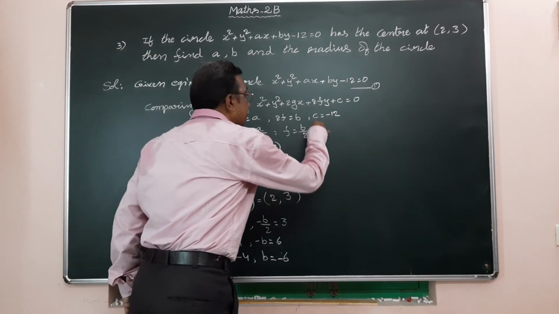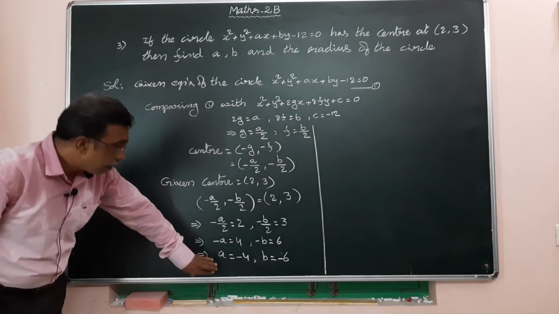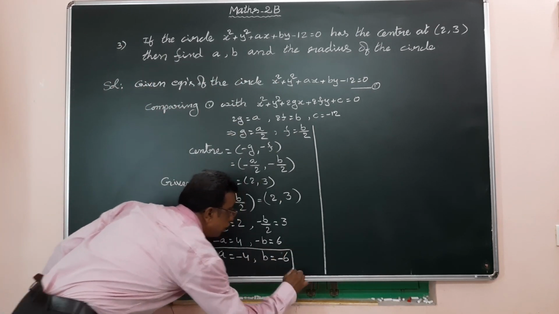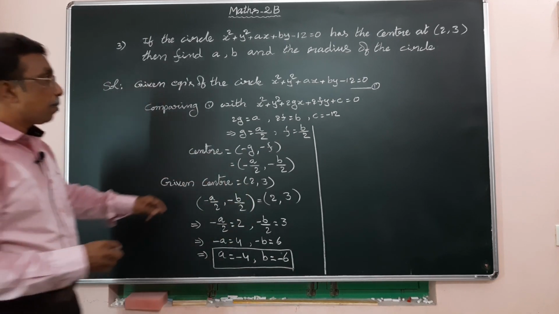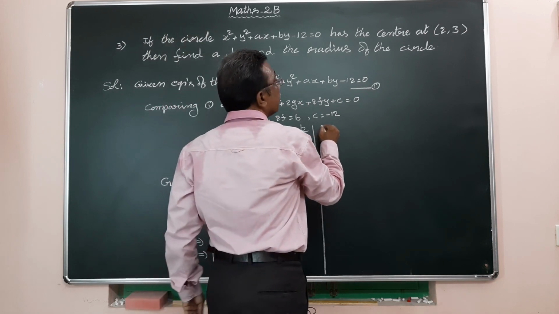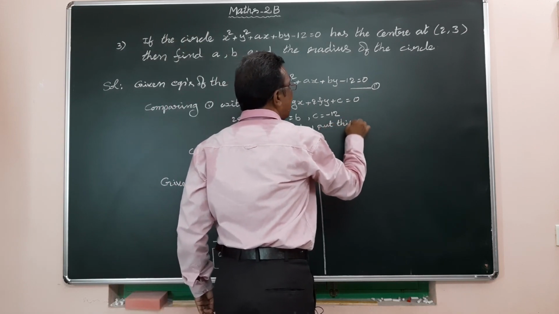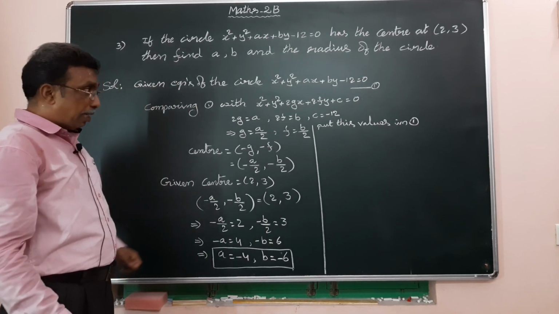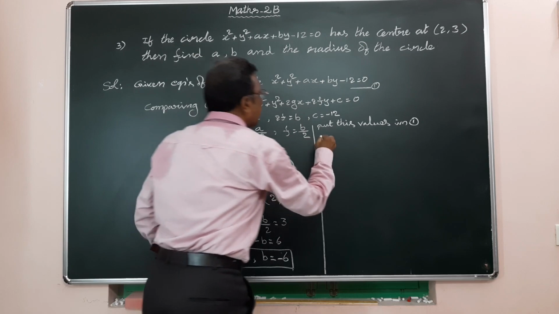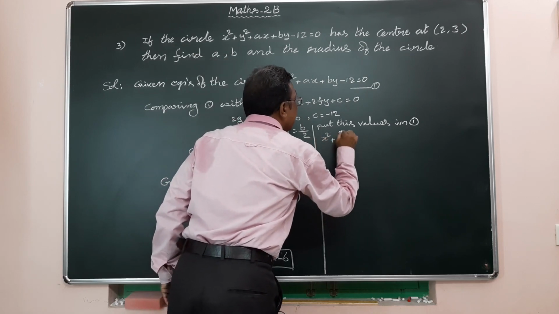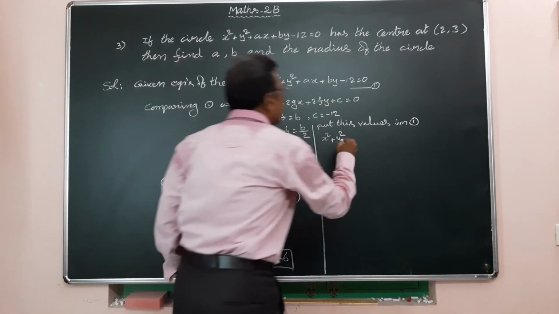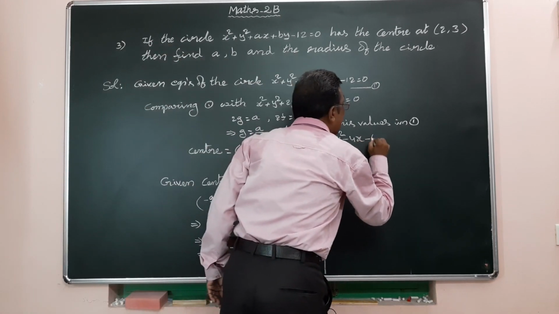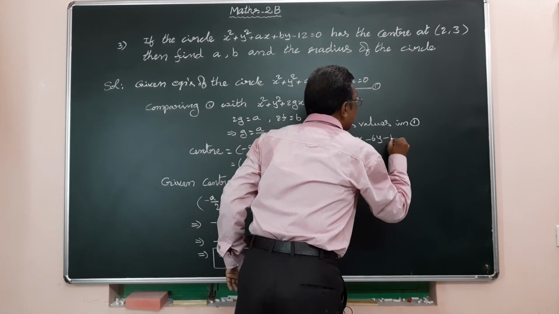Next we find out the radius. Now substituting these a, b values in equation 1. x square plus y square plus ax, a is minus 4, so minus 4x, plus by, b is minus 6, so minus 6y, minus 12 equal to 0.